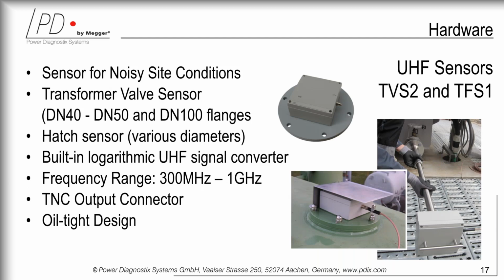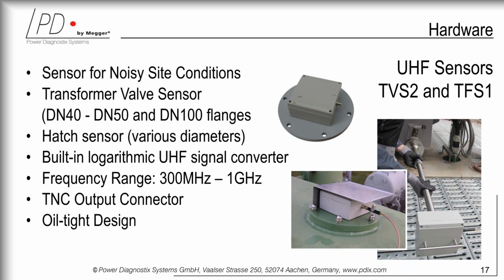Now, we are also producing UHF sensors, basically TVS2 and TFS1. They are introduced either through the oil valve, through the drain valve, sometimes through the filling valve, but mainly through the drain valve.